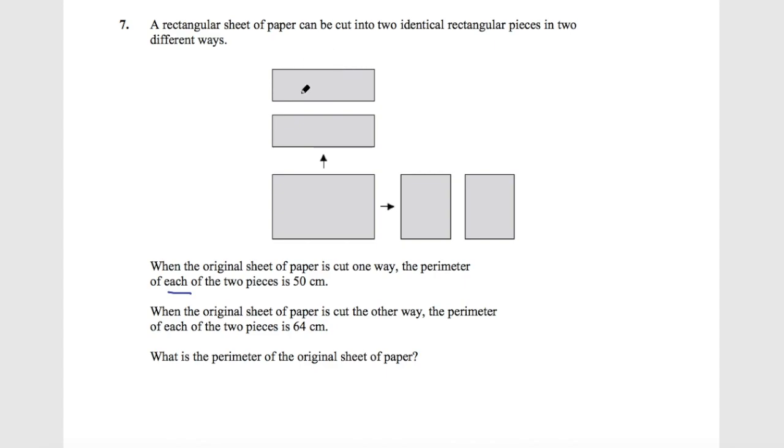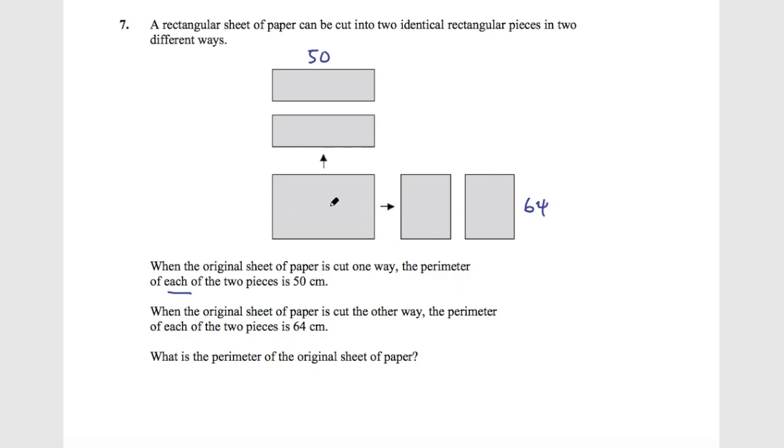So the perimeter of this shape would be 50, or it could be this one. It doesn't really matter, you're still going to get the same answer because we'll work it out algebraically. And then the perimeter of this shape here would be 64.